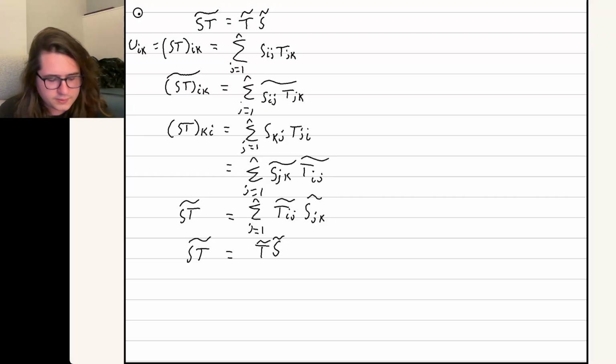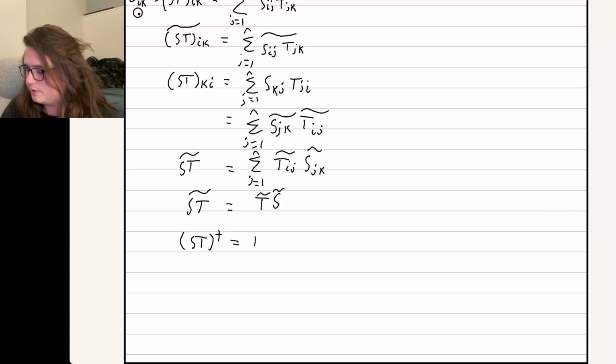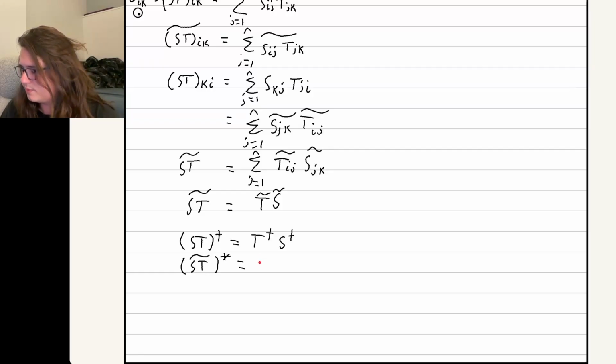The next one is that he wants us to prove that the Hermitian conjugate is the same sort of deal. So if you take the Hermitian conjugate of ST, you get the Hermitian conjugate of T times the Hermitian conjugate of S. This isn't as subtle because we know that the Hermitian conjugate is just the transpose, and then you take the complex conjugate of the transpose, so it's going to be like T tilde S tilde, but then you take the complex conjugate of the whole thing.